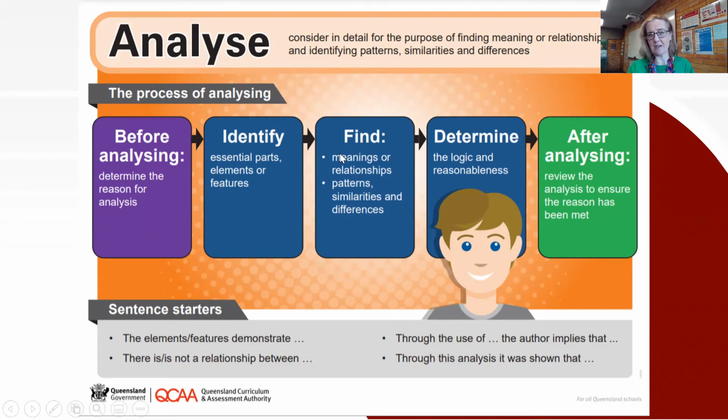It might be characterization. And then I'm deeply looking at that particular component and thinking about what patterns I can see. Are there similarities in characters? Are there differences? If there are differences, why do you think Shakespeare has included those differences? Is it because he wants you to see what happens when a good character does something so that you can infer for yourself what might happen for a bad character?